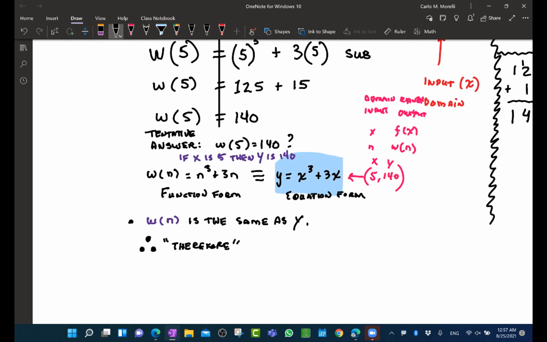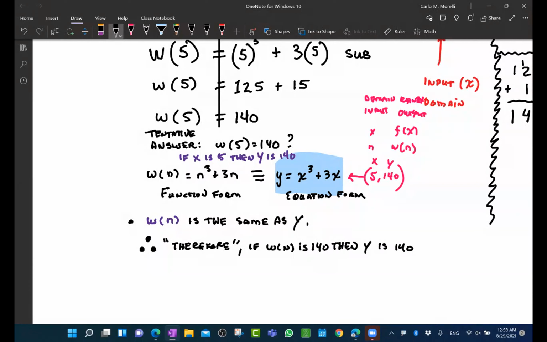So W of n is the same as Y. Therefore, comma, if W of n is 140, then Y is 140. Okay.